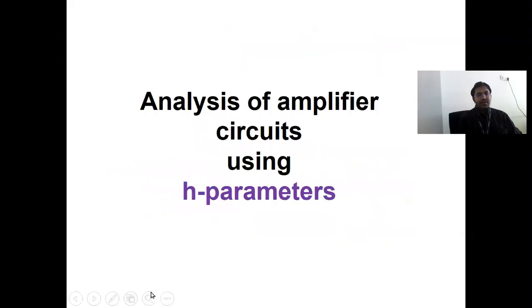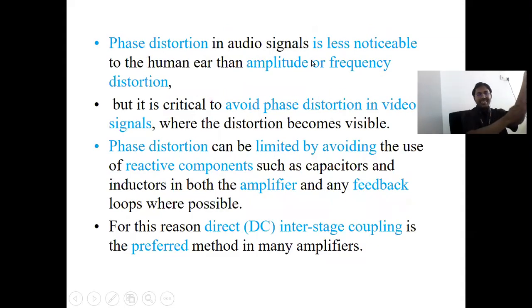Now let us see how this distortion has an effect under different circumstances. For example, let us consider an audio amplifier. In an audio amplifier, for example, I am speaking.